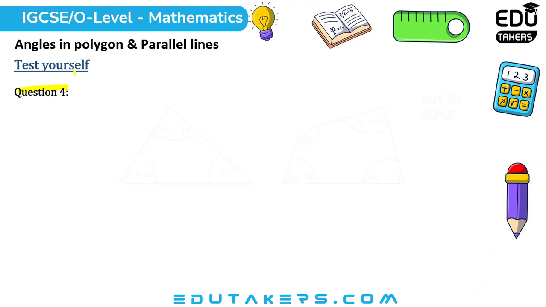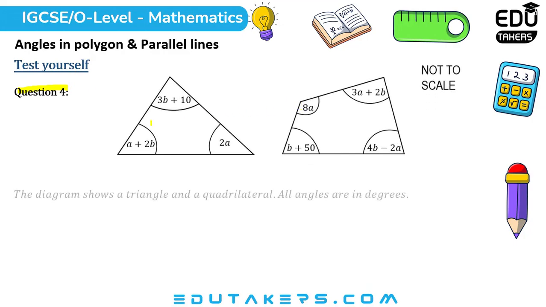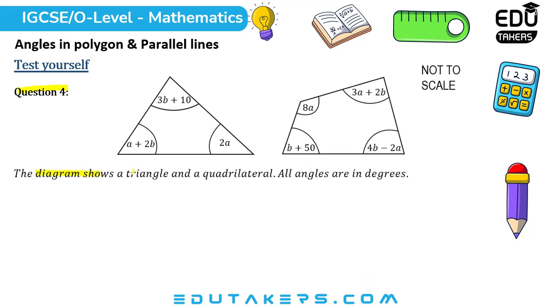Question number 4. The diagram shows a triangle and a quadrilateral. All angles are in degrees. For the triangle, show that 3a plus 5b equals 170 degrees. It's a 1-mark question.